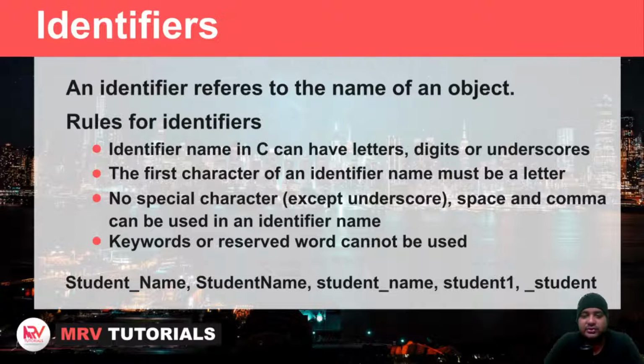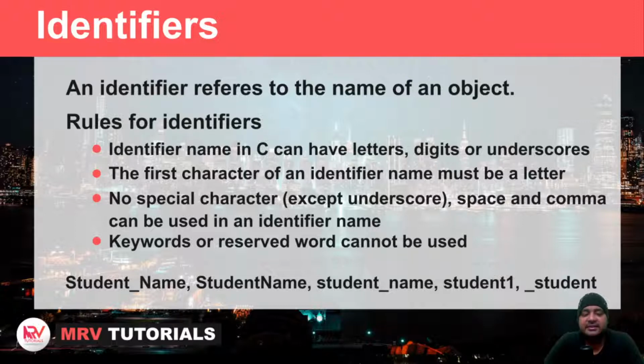So you cannot use those things, right? No special characters apart from underscore are allowed. For differentiating two different words, we can use an underscore. Space and comma are not allowed inside your identifier name, right?